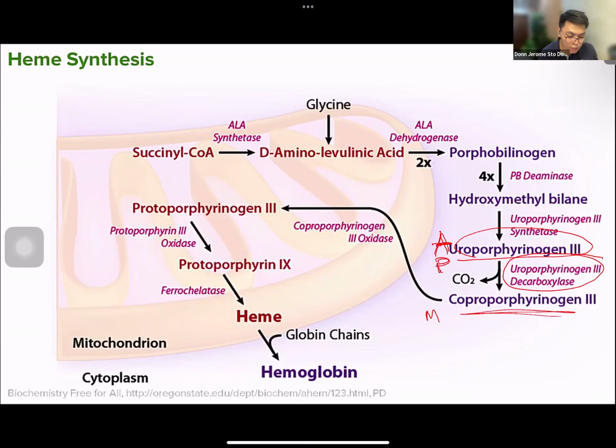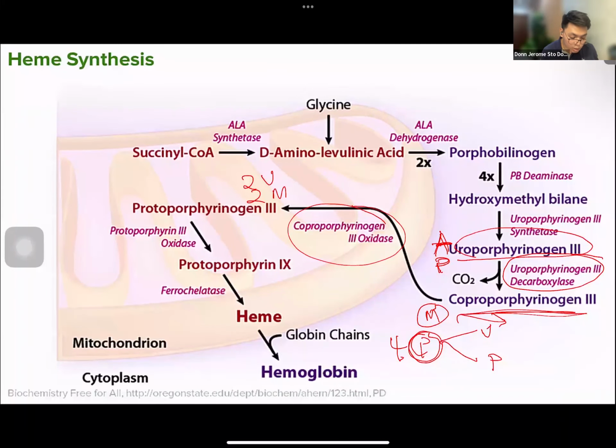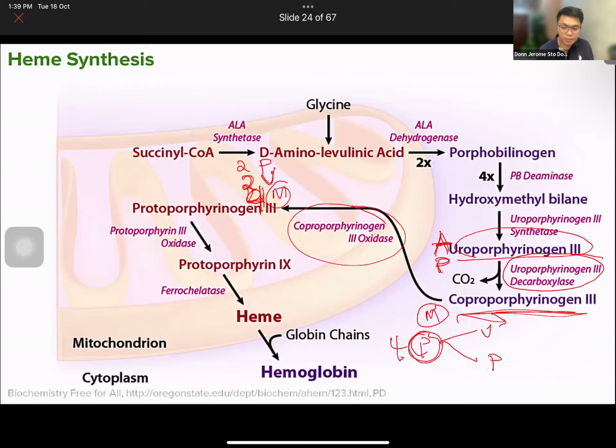So dito, coproporphyrinogen 3 contains 4 methyl and 4 propionate side chains. Another oxidation would convert some of the propionate. How many propionate do you have? 4, diba? So some of the side chains will be converted into vinyl side chains and some will remain propionate, so that your protoporphyrinogen contains 4 methyl, 2 vinyl, and 2 propionate side chains. Okay? Thank you, Doc.